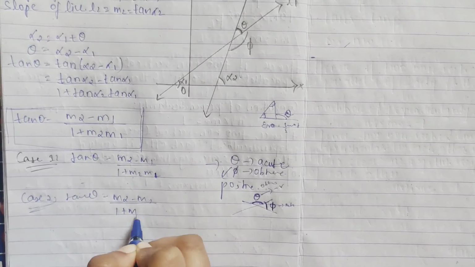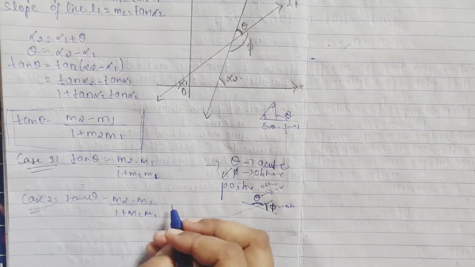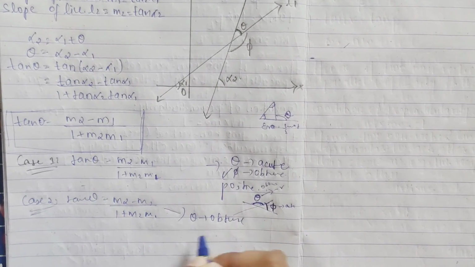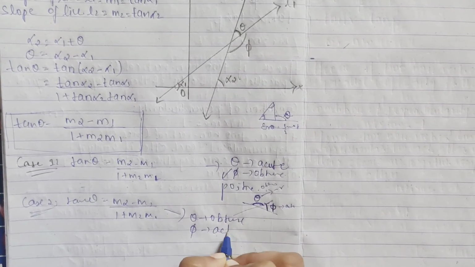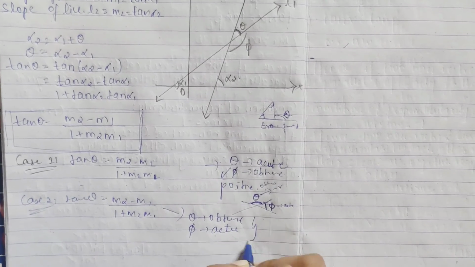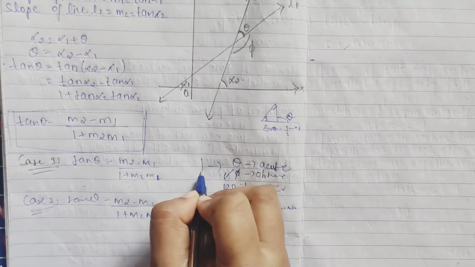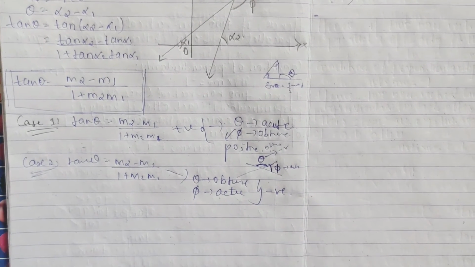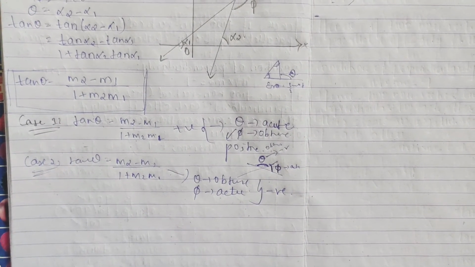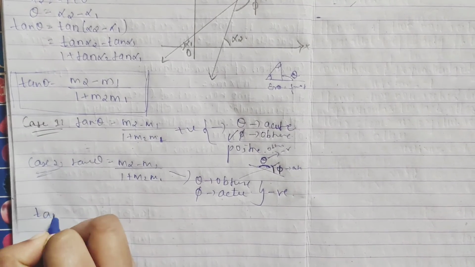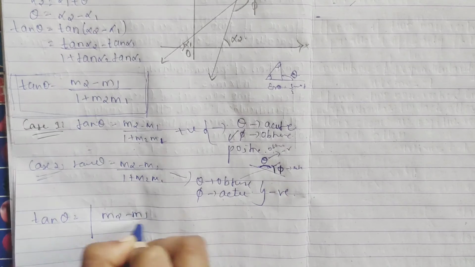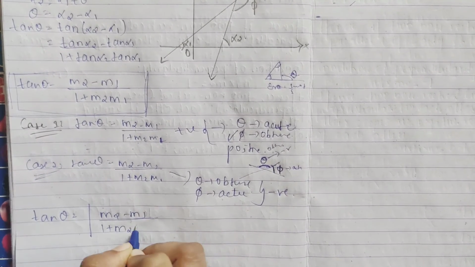With 1 plus m2 m1, suppose your angles are changed. So here theta will be obtuse, phi will be acute, right? So this becomes negative, here it comes positive. So like this, two cases are coming. So at the end, the formula they have given for the angle between the lines is tan theta is equal to modulus of (m2 minus m1) whole divided by 1 plus m2 into m1.